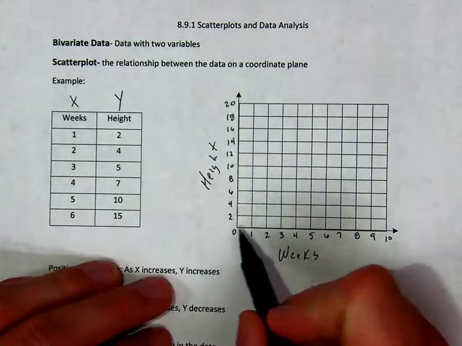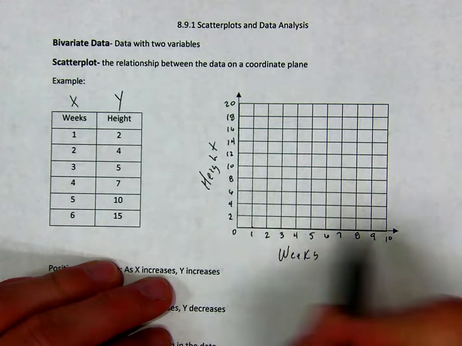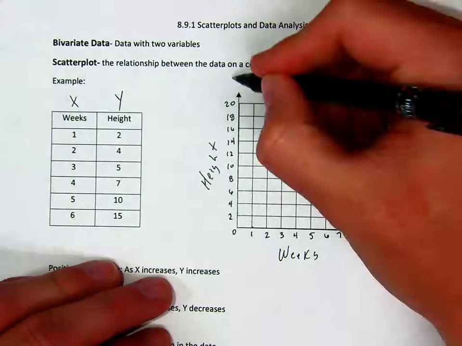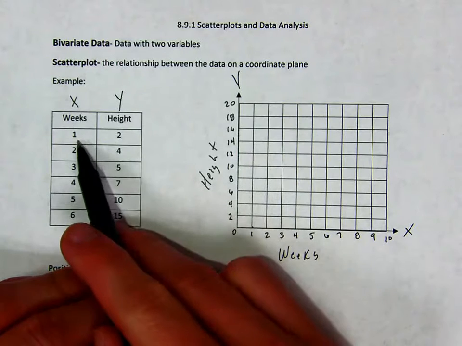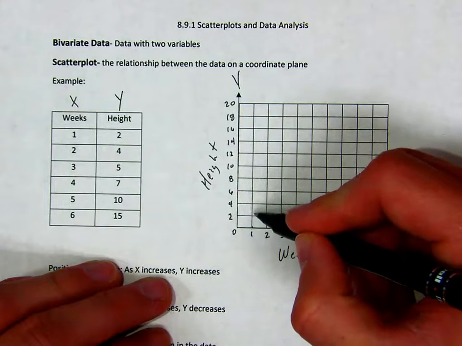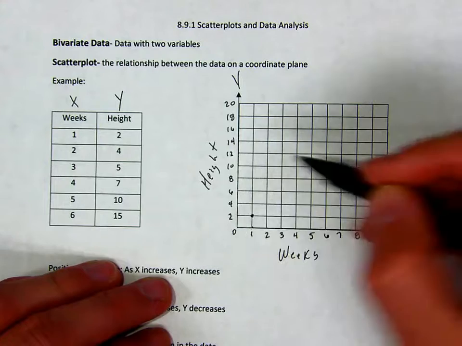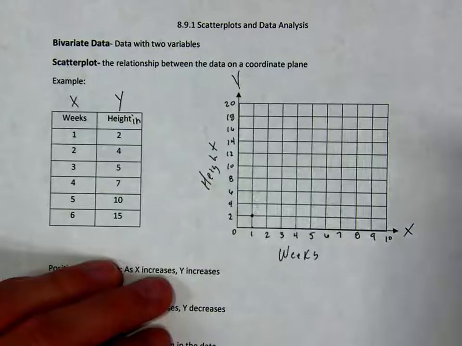So we start from the origin and go over 1. Remember, X, Y. Then our Y value for that same week is 2. So at week 1 it was 2 inches high. That's our first point.